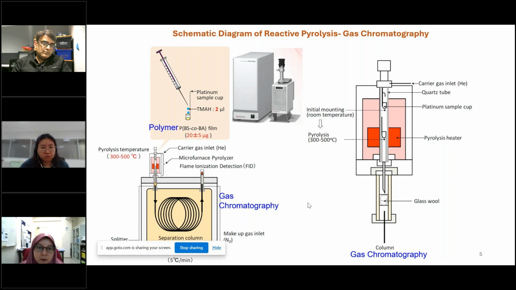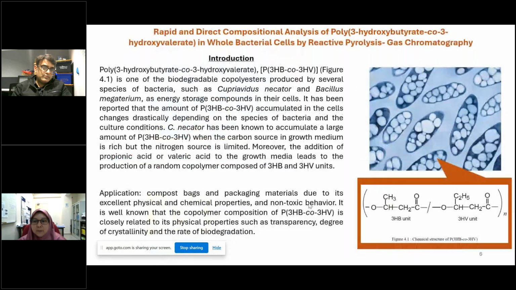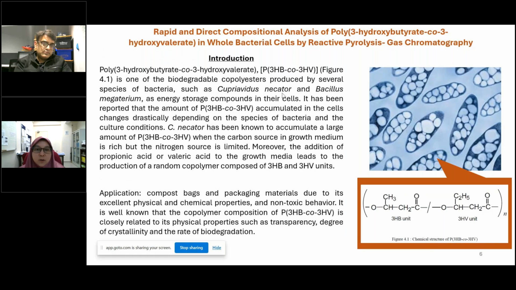The first sample I want to share is this biodegradable polymer, P(3HB-co-HV). This polymer is accumulated inside the bacterial cells. We produce it through fermentation of the bacterium Cupriavidus necator, C. necator.